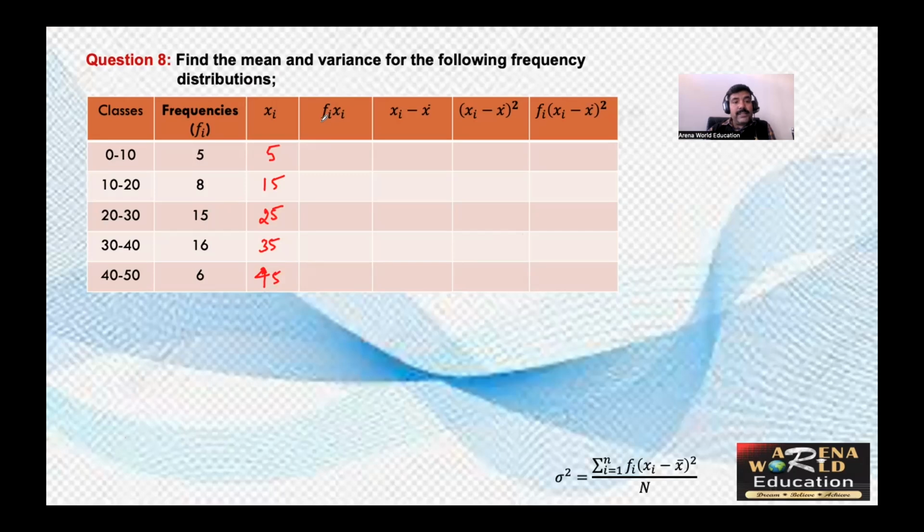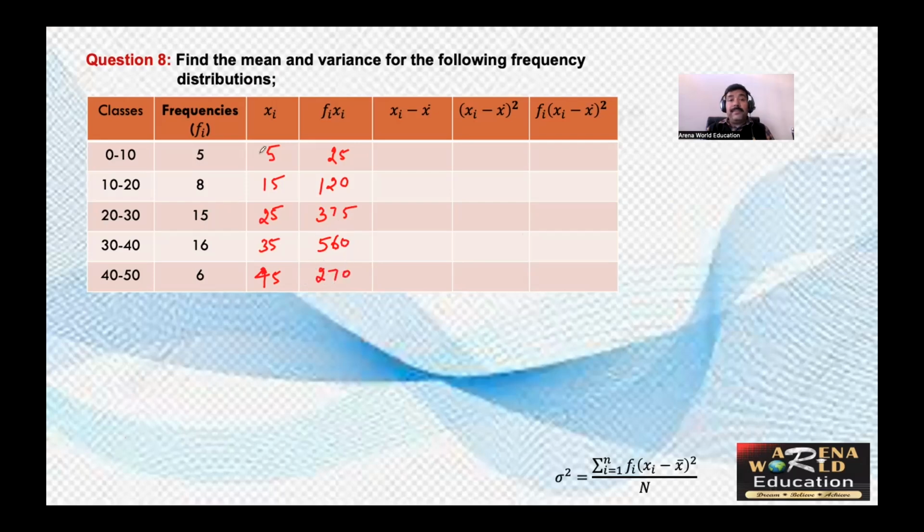So then what is the next step? FiXi. So 5 into 5 will be 25. 8 into 15 will be 120. 15 into 25 will be 375. Now 16 into 35, yes, this will be 560. And 6 into 45 will be 270, right?